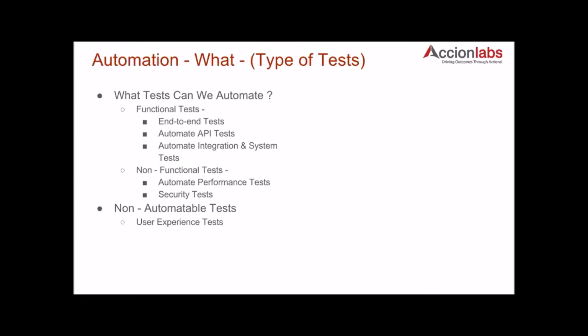In test automation also, we have categories of test cases: functional and non-functional. Functional test cases are the ones related to a functionality of an application, for example, logging into an application. Non-functional test cases are related to other quality aspects, let's say the performance of the application, how well the application is performing for the user.